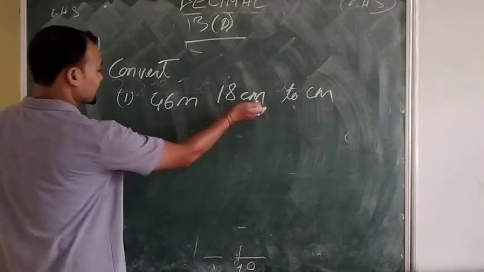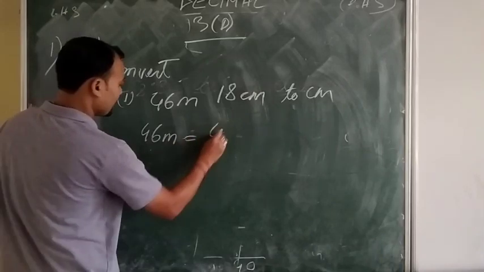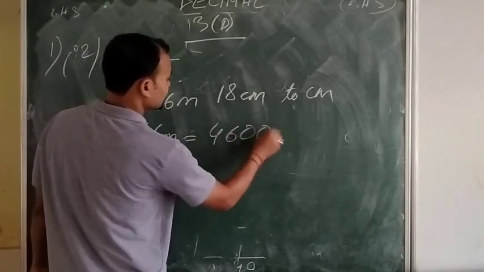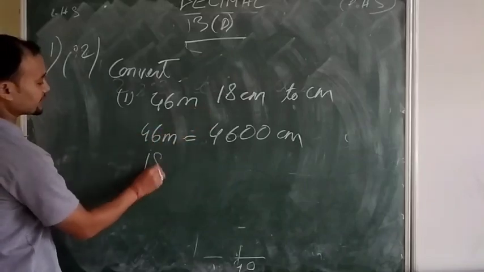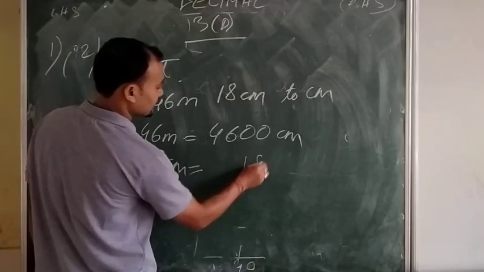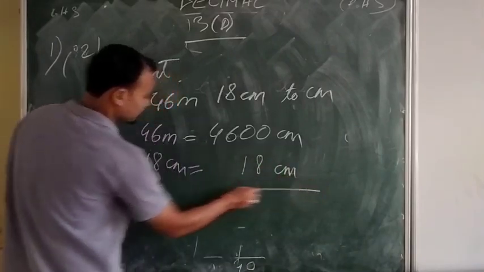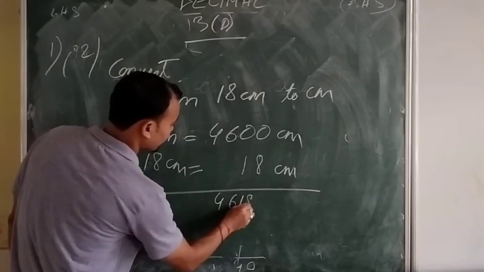The 18 is already in centimeter. Convert this 46 meter: 46 meter is equal to 4600 centimeter. Now 18 centimeter is given along with this. We put this 18 centimeter and add it. It will be 4618 cm.